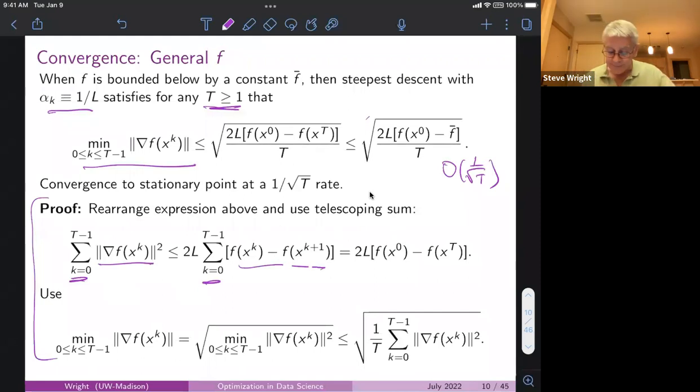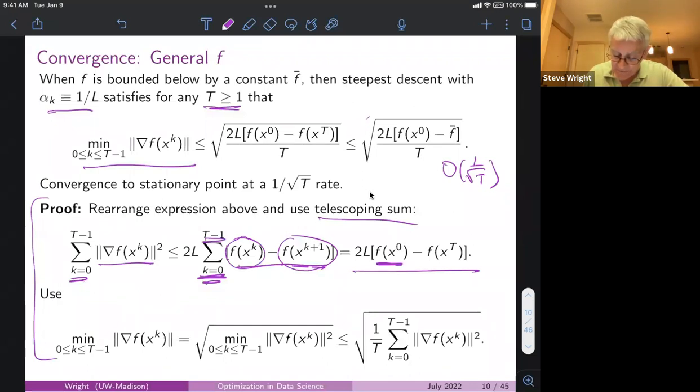What happens on the right-hand side is this very familiar and useful thing called the telescoping sum. That means that the f of xk plus 1 term cancels with the f of xk from the next term in the sequence. When you write all these out, you get a ton of cancellation. After you sum from 0 up to t minus 1, all that's left is the very first term, f of x0, and the f of xt from the very last term.